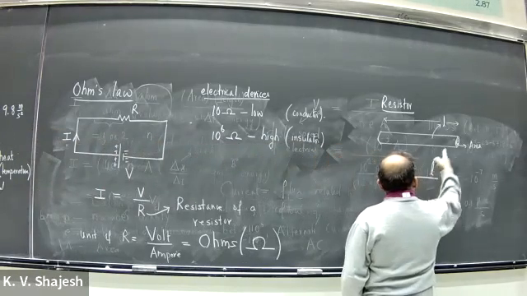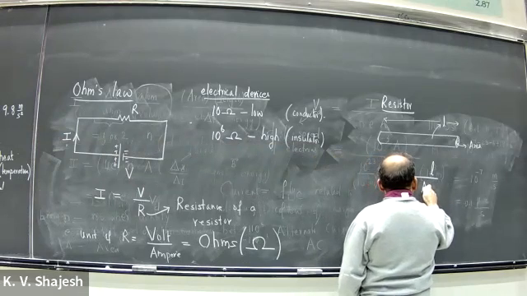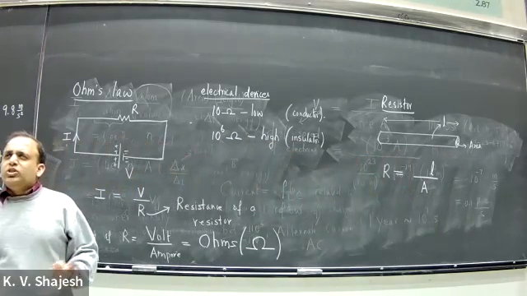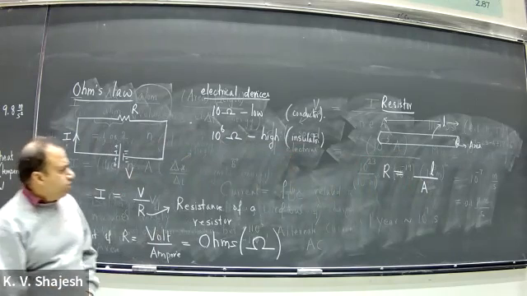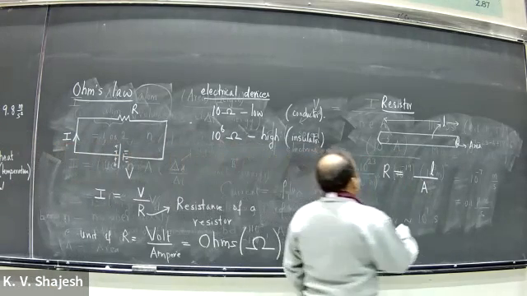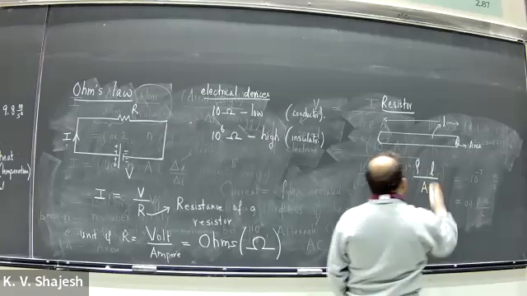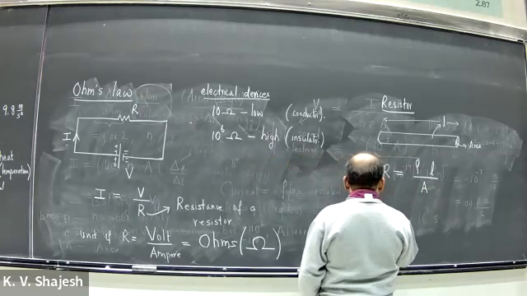So if the area is large, resistance is small, so it is inversely proportional to area. So it's proportional to one of the geometrical parameters, the length. It is inversely proportional to the area. And it is proportional to the material property, which we capture in what we call rho. So this will be resistivity, that's the rho.